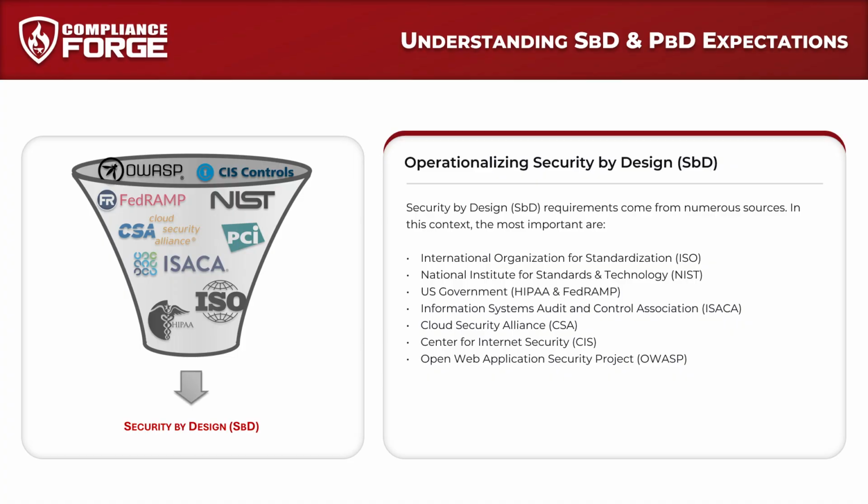Security by design requirements come from numerous sources. In this context, the most important are the International Organization for Standardization, the National Institute for Standards and Technology, the U.S. government through HIPAA and FedRAMP, ISACA, the Cloud Security Alliance, the Center for Internet Security, and the Open Web Application Security Project.